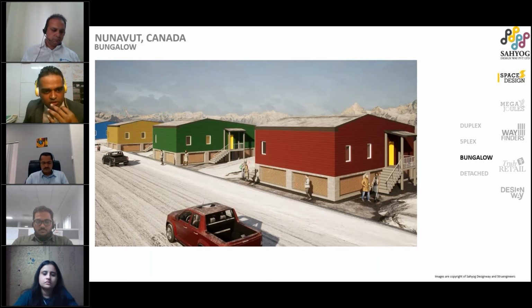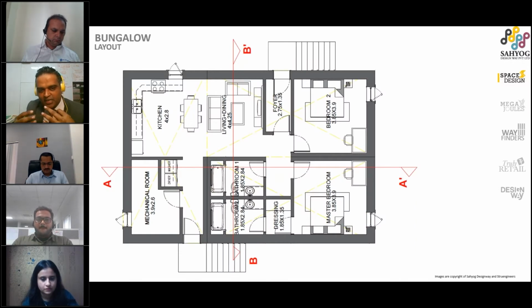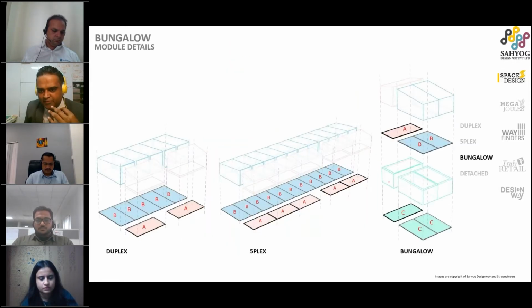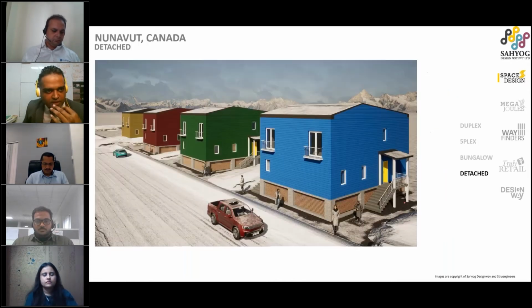Then we have the bungalows. The bungalows have a different sizing, a different number of people staying in them, and different details. We have kept the bungalows as a ground plus one structure, with module types A, B, and C, and we have created a bungalow out of it.